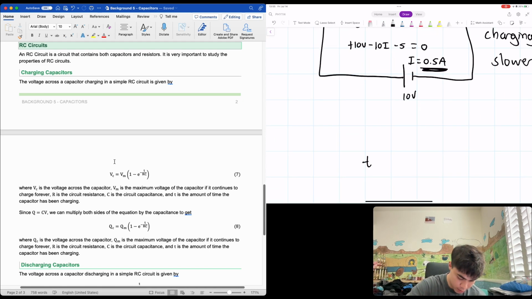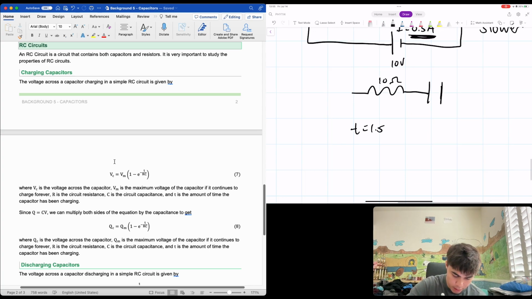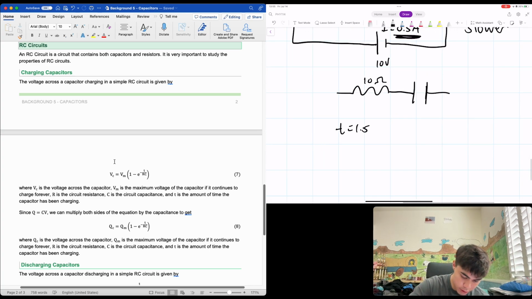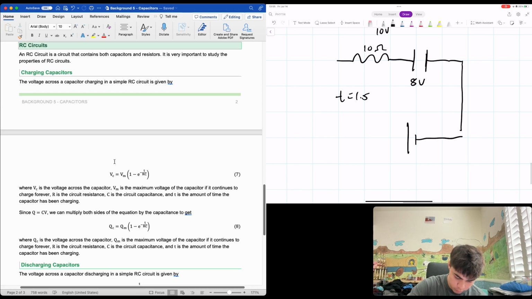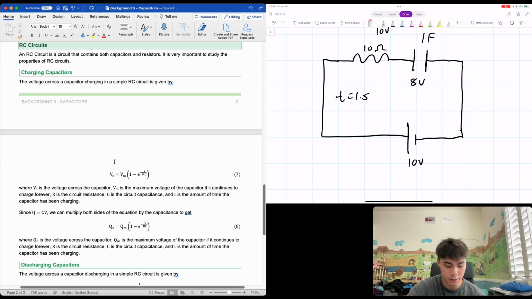So here we're at t equals 1.5 seconds now, and we're at 10 ohms. And now the capacitor has a voltage of 8 volts across it. And again, all these numbers are made up. Right now I'm really just explaining how the whole thing works. So now let's look at the current again.